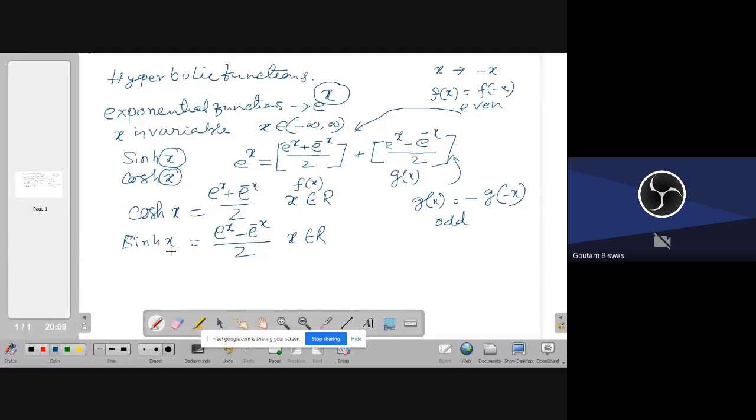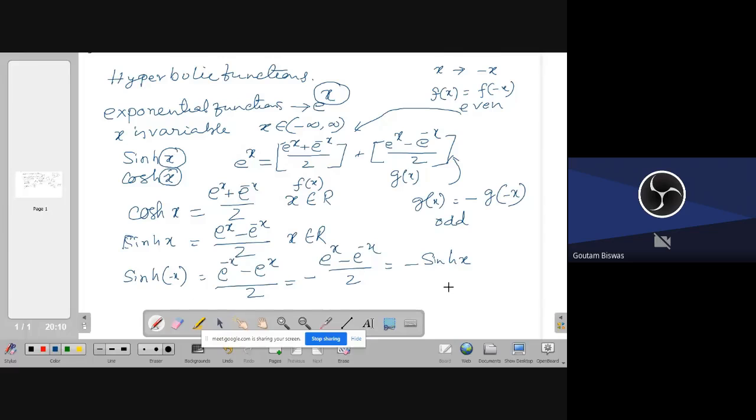Now suppose sinh of minus x. You put here e to the power minus x minus e to the power x divided by 2. So what will happen? It is minus of e to the power x minus e to the power minus x by 2, that is equal to minus sinh x.